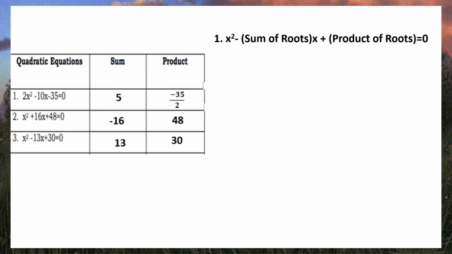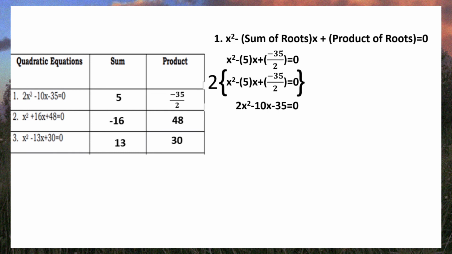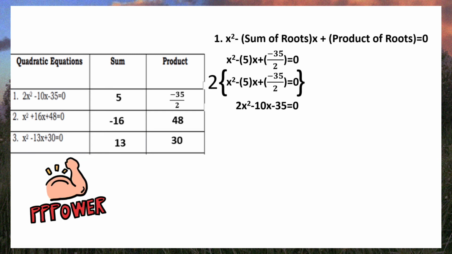So ipapalit, isa-substitute lang natin sila dun sa equation na yan. So we have here the sum, which is 5, and the product is negative 35 over 2. So para ma-eliminate natin yung denominator na 2, multiply natin lahat ng terms by 2. So we have now 2 times x squared, that is 2x squared, 2 times negative 5x, negative 10x, and 2 times negative 35 is negative 70 divided by 2 is negative 35 equals 0.